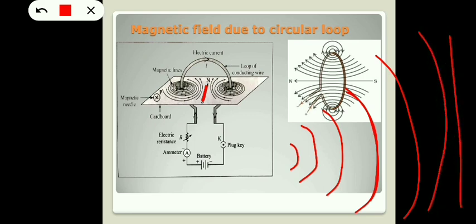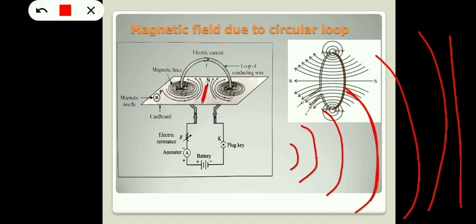So what will happen as we move away from the coil? The radius of the circle increases, and finally when we reach the center, the circular coil looks like a straight line.